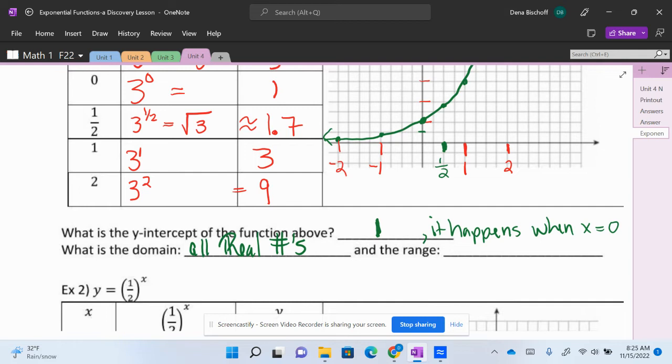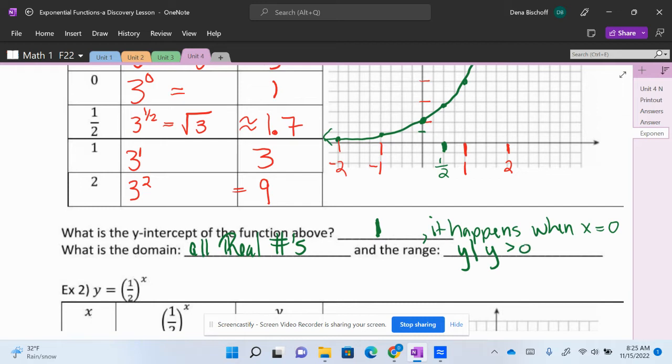But what is the range, meaning the y values? Well, you can see from this graph, what's the smallest y value? Is that going to go below the x-axis? It's not. So everything that we graph in the range is going to be greater than 0. y such that y is greater than 0.